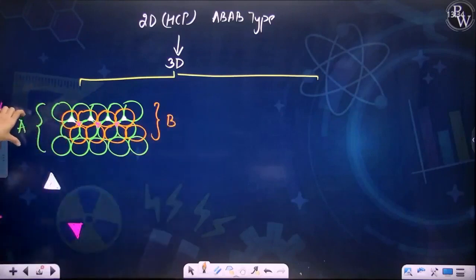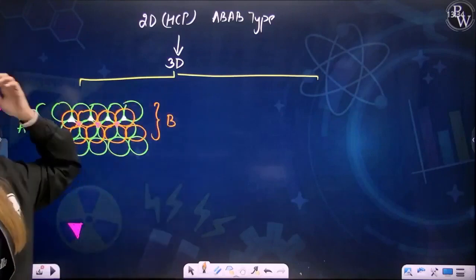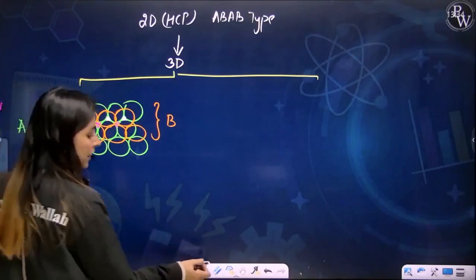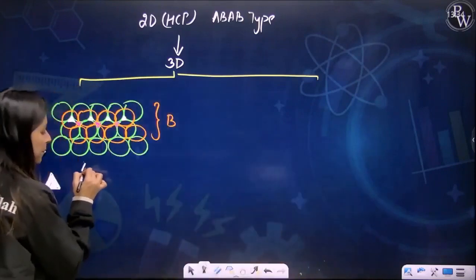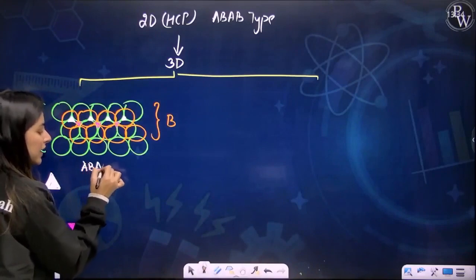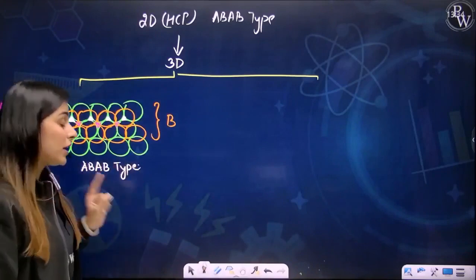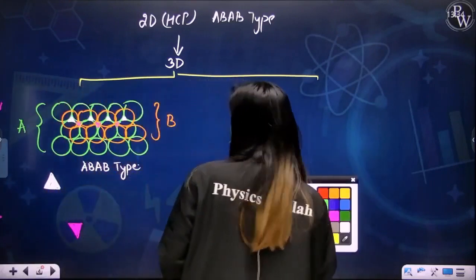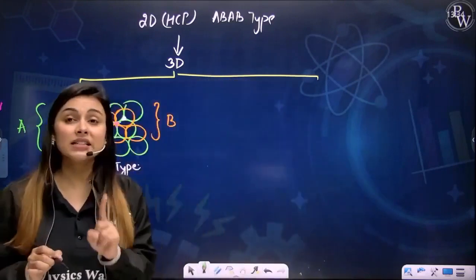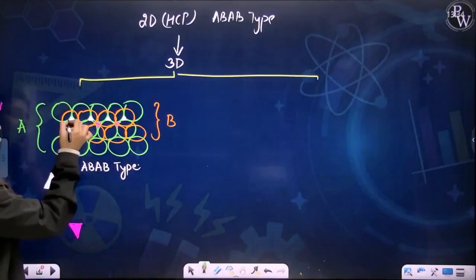After layer A and B, you put a layer again. So this type of layering will be called A, then B, then again A, then B type of layering in 3 dimension.